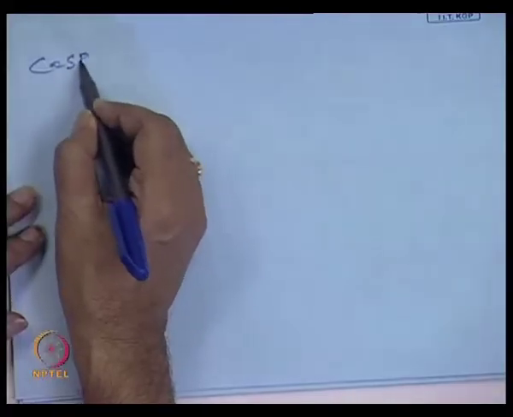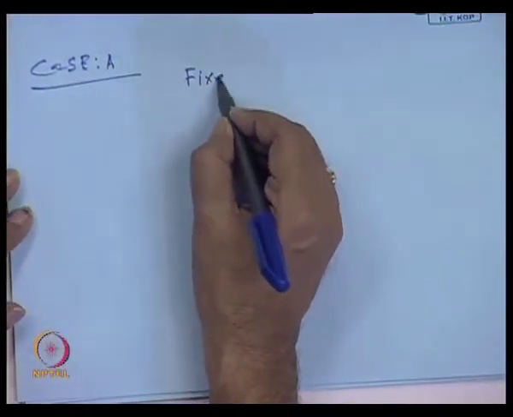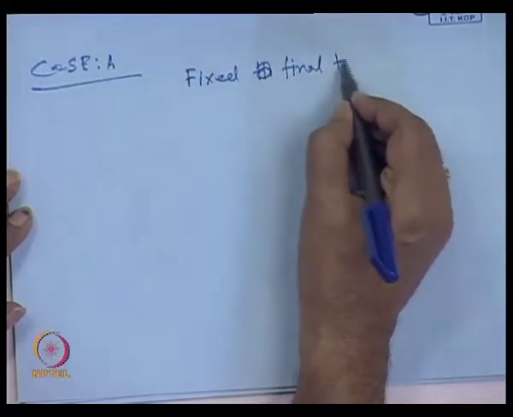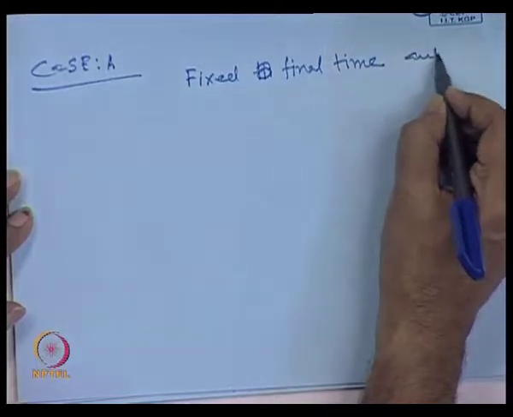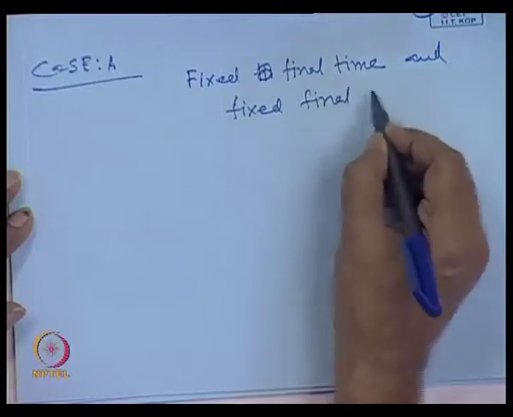We will take an example and see how to solve a practical problem. We can consider these cases. Case A, as we discussed earlier, is fixed final time and fixed final state.